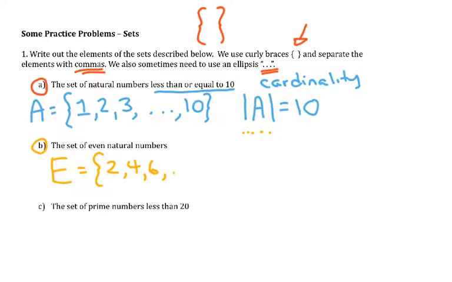It's supposed to be a dot, and a dot, and a dot. Sorry, this is a little fiddly sometimes. You have to bear with me. Now, what does this set represent? This is all the even natural numbers.